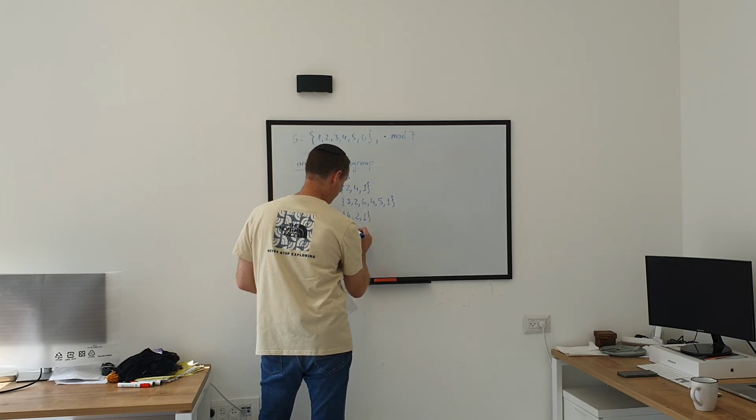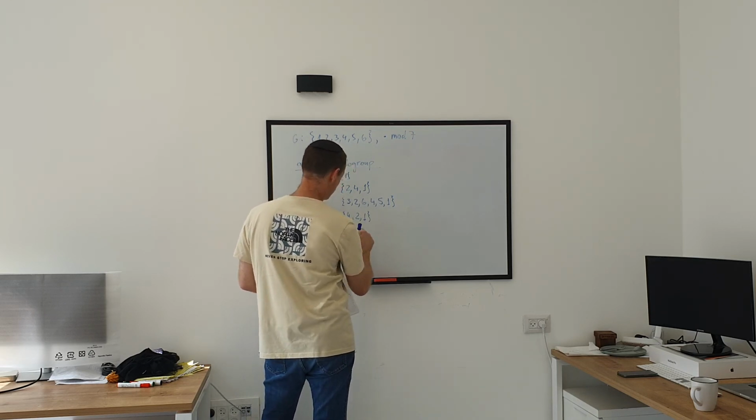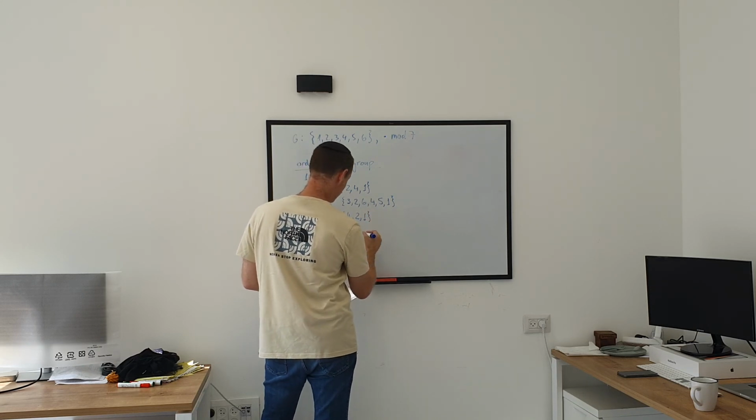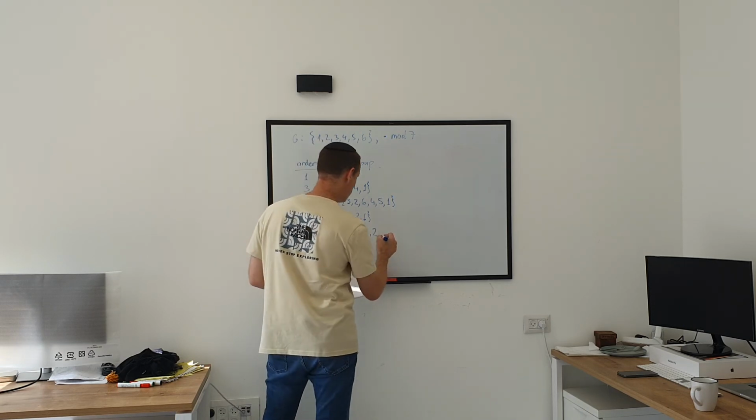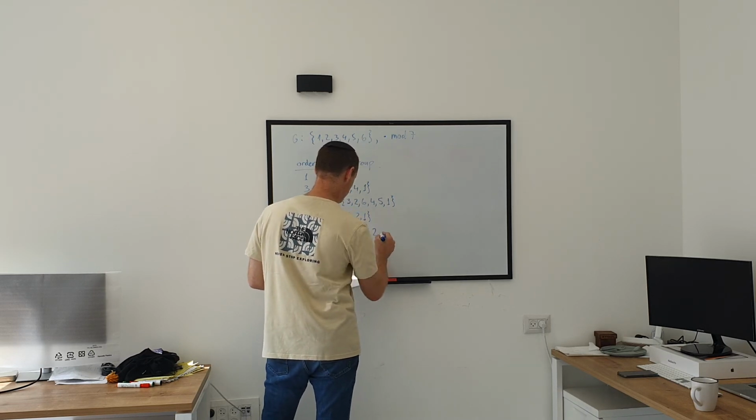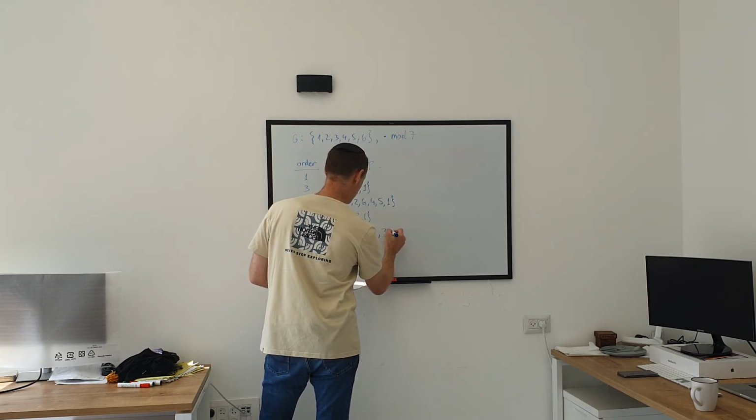5 times 5 is 4. 4 times 5, 20, is 6. 6 times 5, 30, is 2. 2 times 5 is 3, and 3 times 5 is again 1.